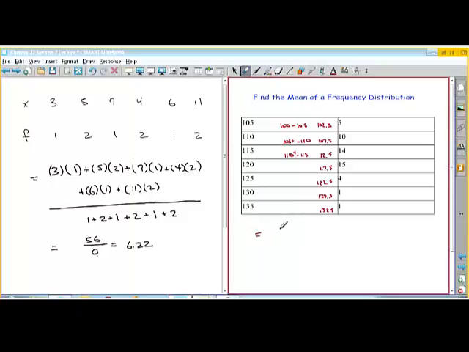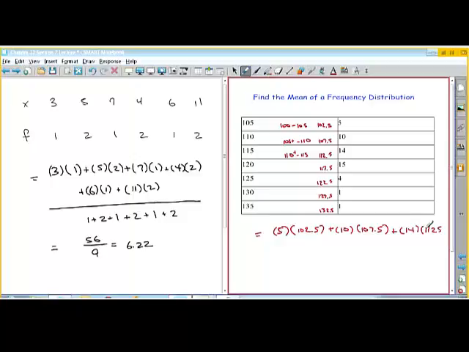To calculate the mean from the frequency distribution, you just take the number of values in a class multiplied by the average value of the class. Since this is from 100 to 105, the average is 102.5. Then you take the number of data points in the next class, from 105 to 110, and use the average value for that class, and you continue on with that.